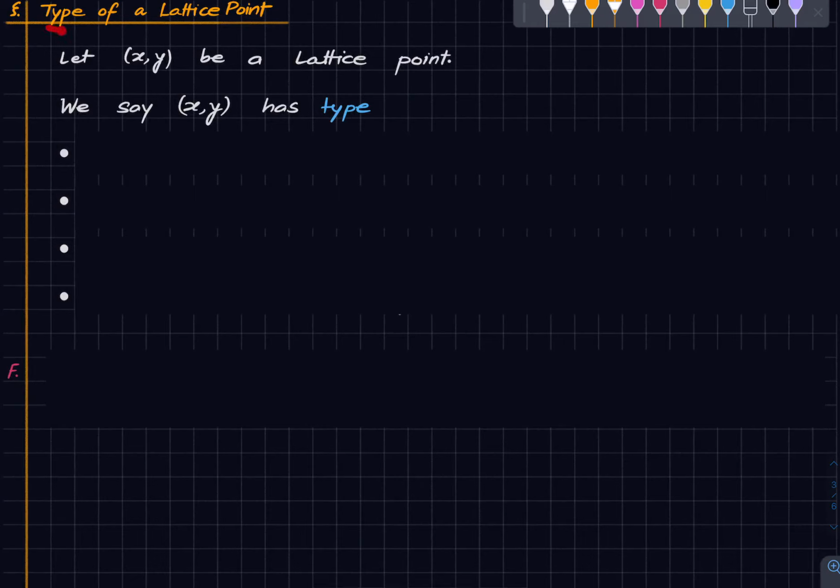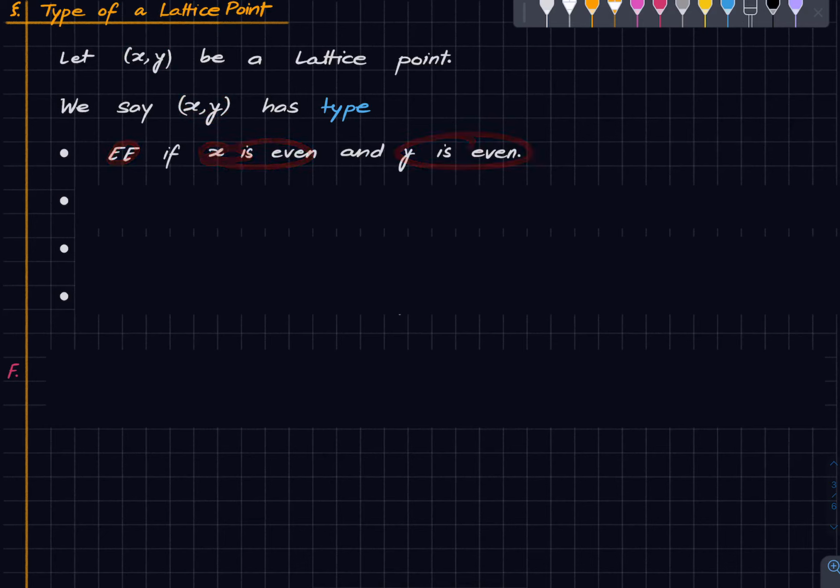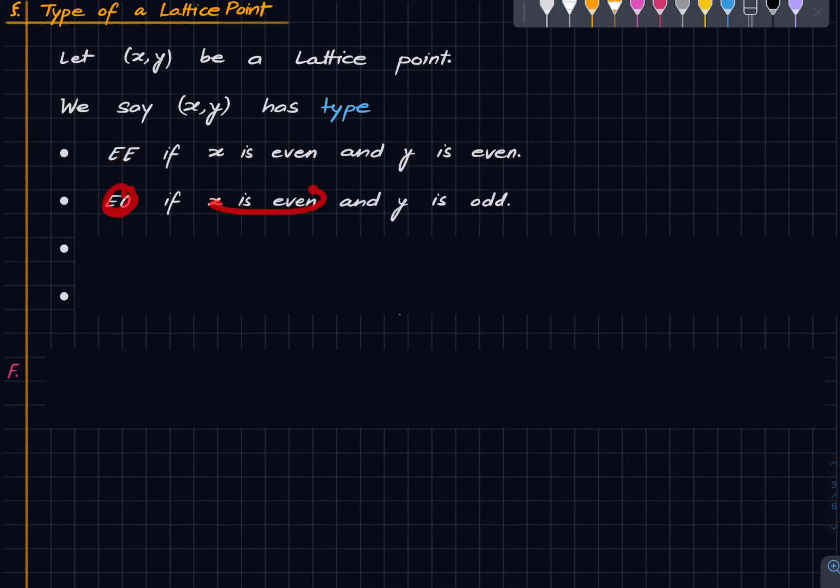We define something called the type of a lattice point. Suppose we are given a lattice point x comma y. We say that x comma y has type EE if x is even and y is even. So E stands for even. We say it has type EO if x is even and y is odd. O stands for odd.